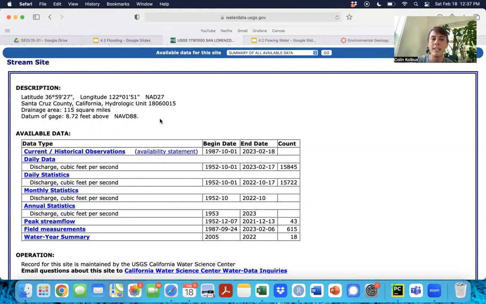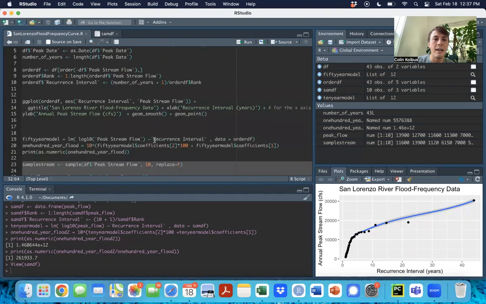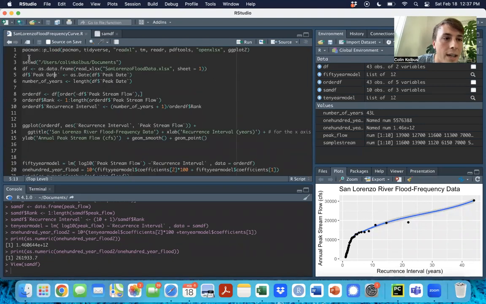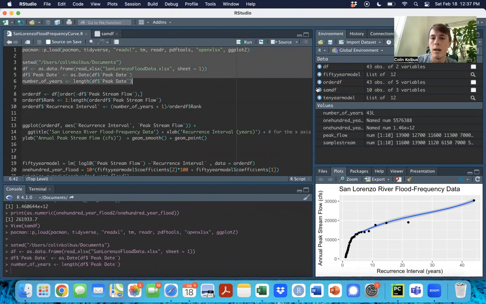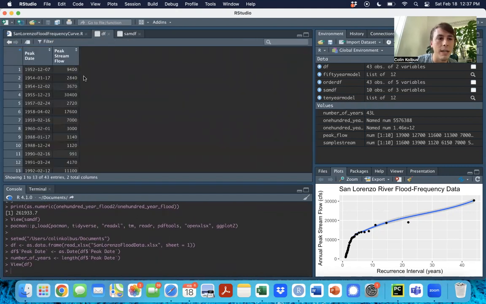And so I've taken the discharge values from this point and input them into my R script here. I don't know if anyone's familiar with R, but basically I'm going to input it into a data frame. We can take a look at our data frame here.